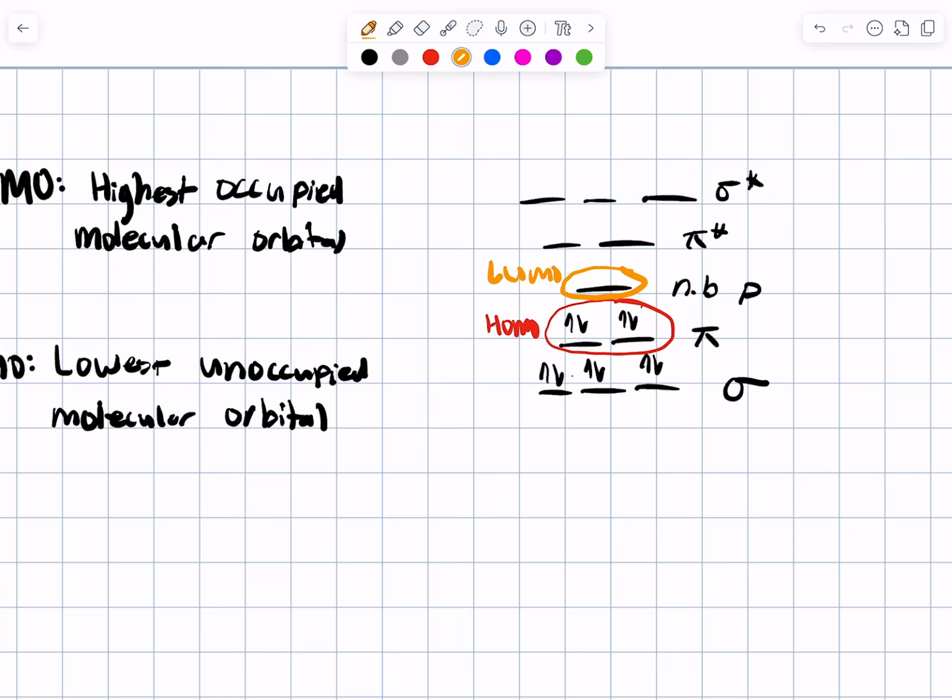If we look at something deep in the periodic table, like iodine bonding with something, even the 1s orbital in iodine is going to be contributing to the molecular mixing of the diagrams.